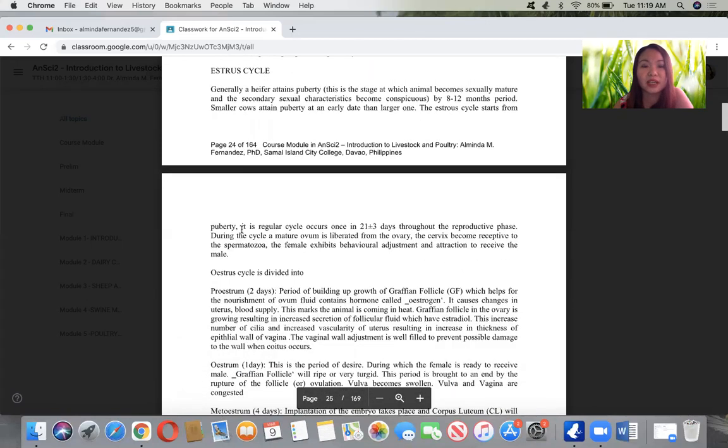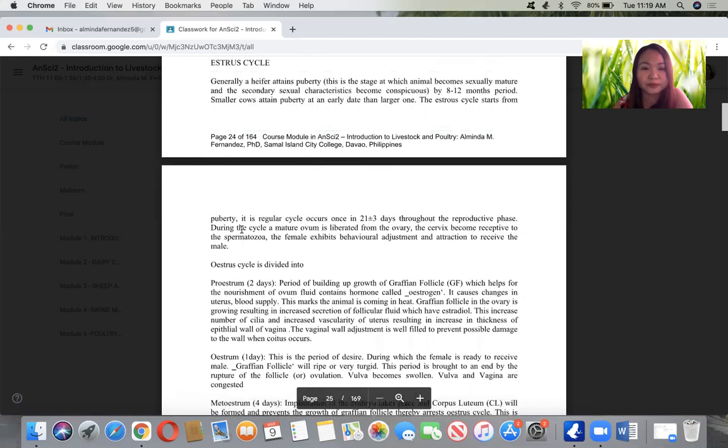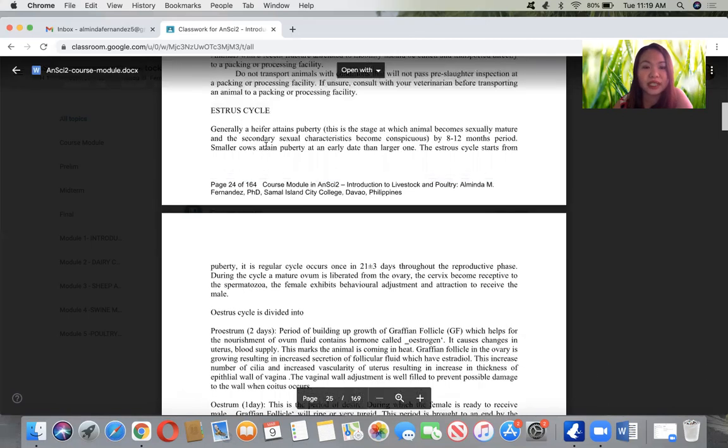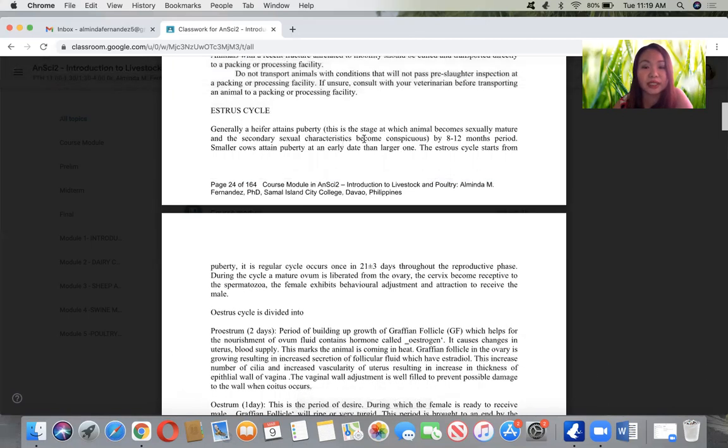So now let's talk about the estrus cycle for cattle and buffalo. Generally, a heifer attains puberty, the stage at which an animal becomes sexually mature and secondary sexual characteristics become conspicuous, at 8 to 12 months. Smaller cows attain puberty at an earlier date than the larger ones.